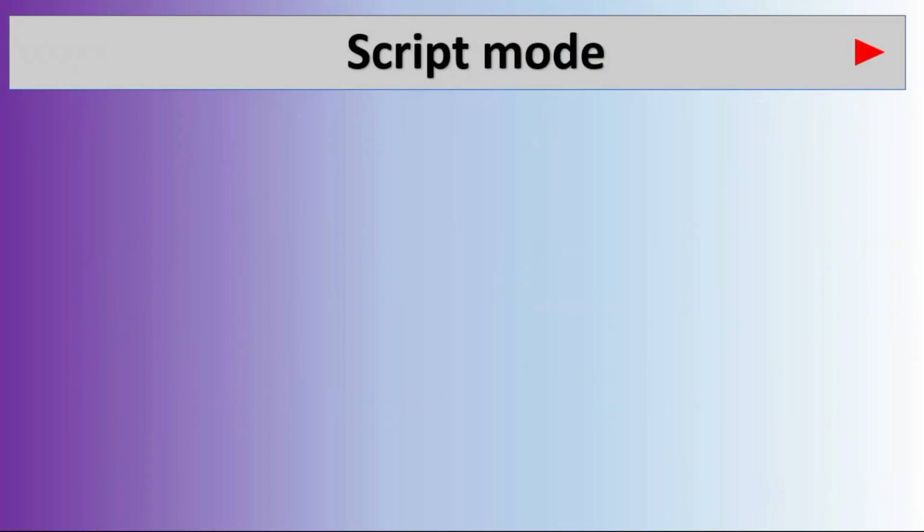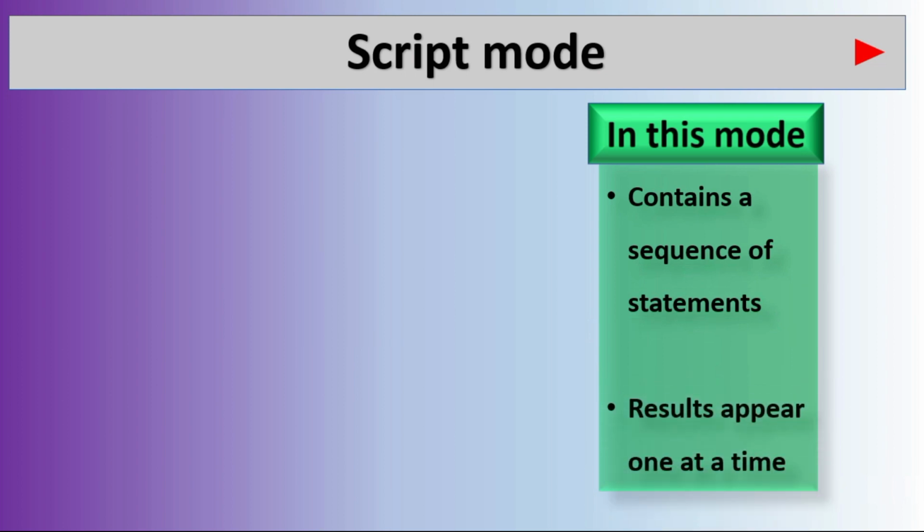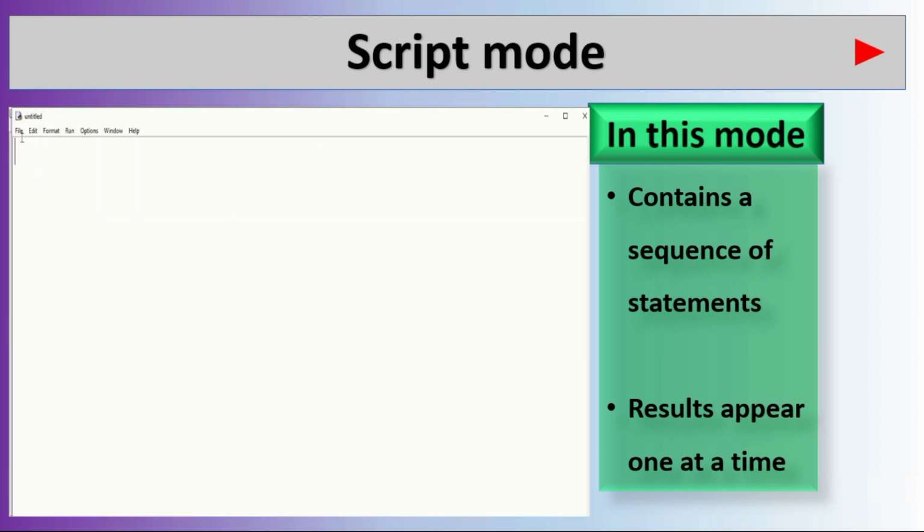Next, coming to the script mode. This mode contains a sequence of statements, and results appear one at a time. Let's look into this. So this is the complete Python window. In this script mode, go to File, create a new file. So in this new file, type some statements.